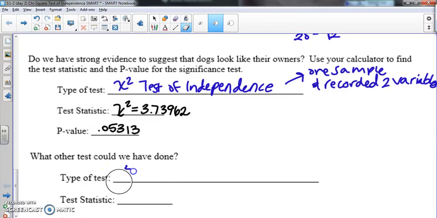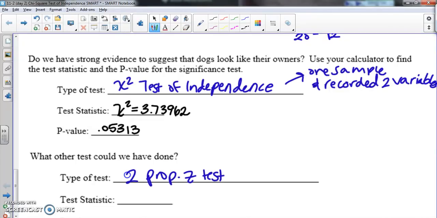I'm sorry, not a chi-squared test. It is a chi-squared test, but I could say a 2 proportion z-test. But it does need to be two-sided. We don't know which one is greater than the other, so we're going to do a two-sided test, which is when our alternative is the not equal. So again, go ahead and pause my video, see if you guys remember how to do that.